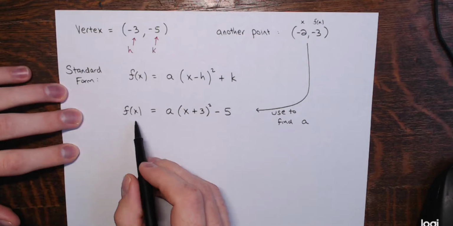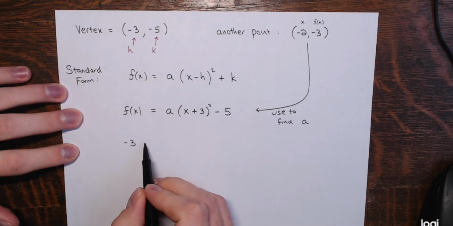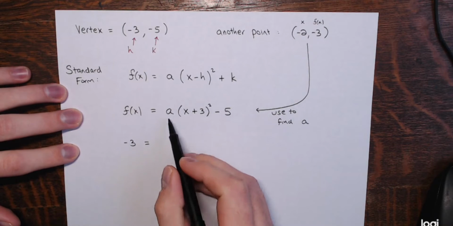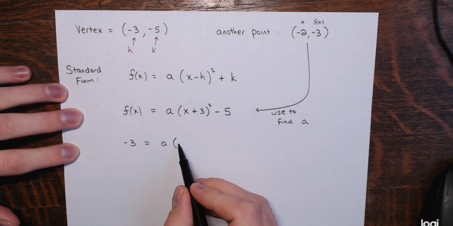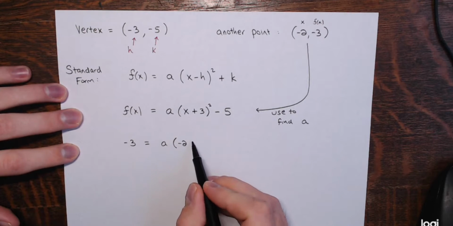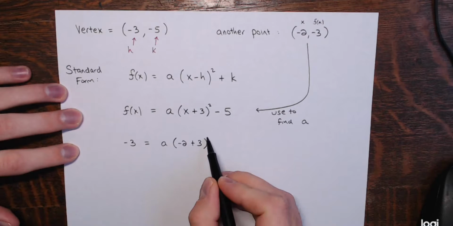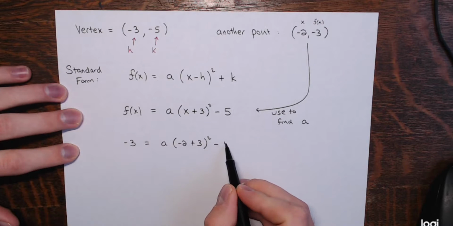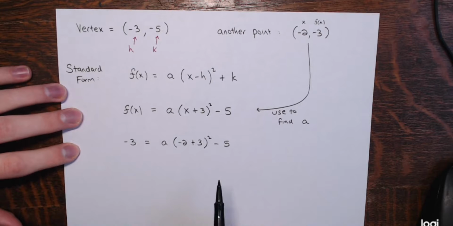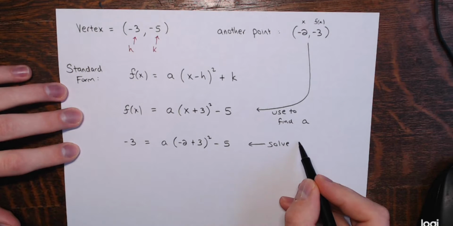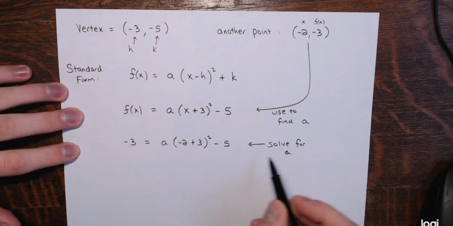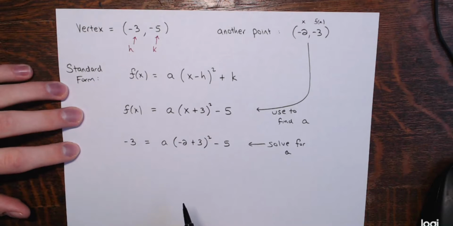So this f of x, the y coordinate, is -3 on that point, equals a times the quantity, and then the x coordinate of that point is -2. Replace x with -2, and then I got -2 plus 3 squared, and then you got the -5 after. And then we solve for a. Right? We have an equation here that we can solve for a.